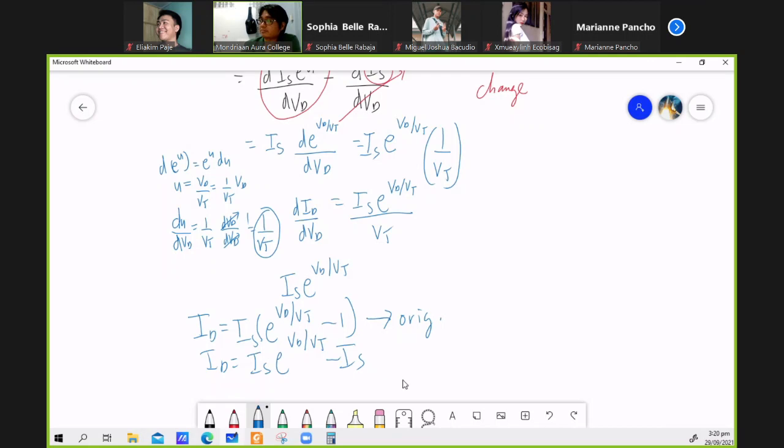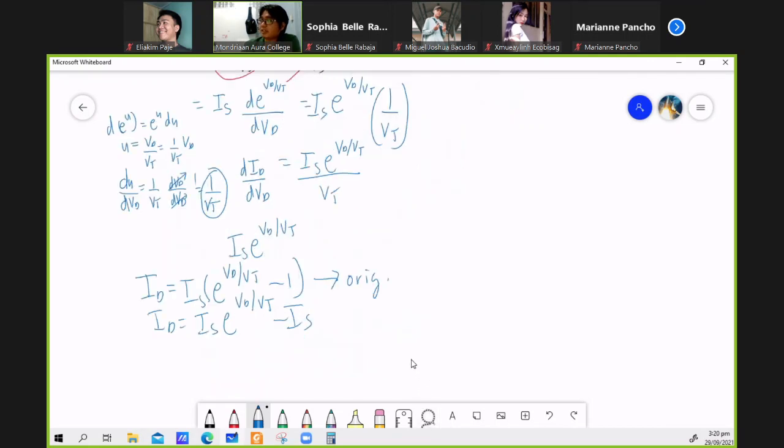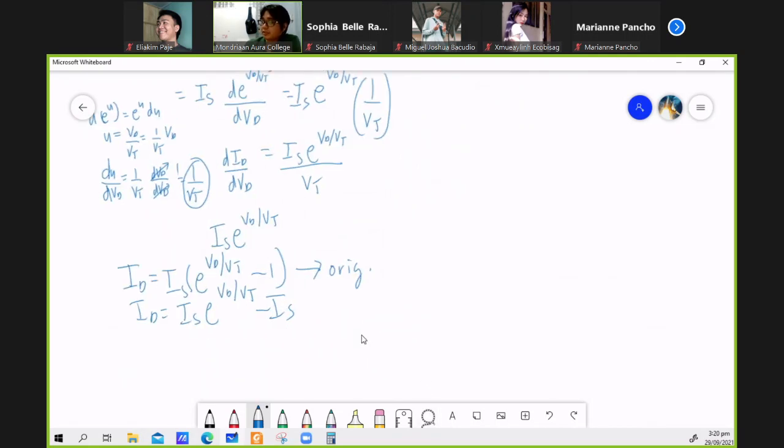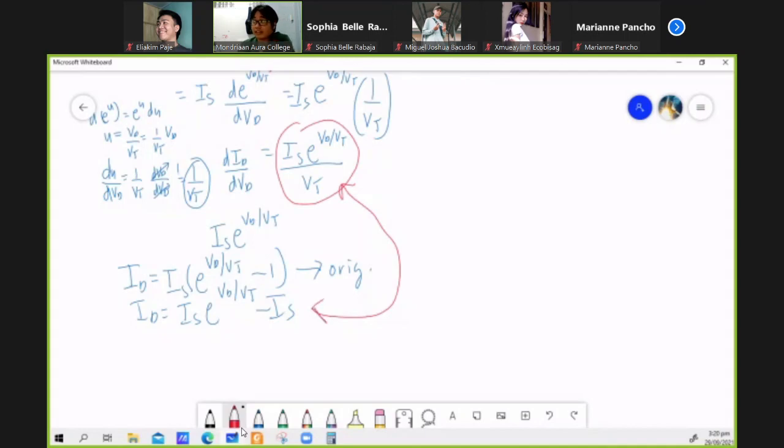Okay? So, next. Hahanap tayo ngayon dito. Mayroon bang kamukha ito? Itong bibilugan ko dito sa equation na nasa baba. Yes. So, ito, kamukha nung nandito. Tatanggalin lang natin yung VT. Paano natin makukuha yun? We can rearrange this equation for ID. Transpose natin sa left side yung IS. Magiging positive na siya.